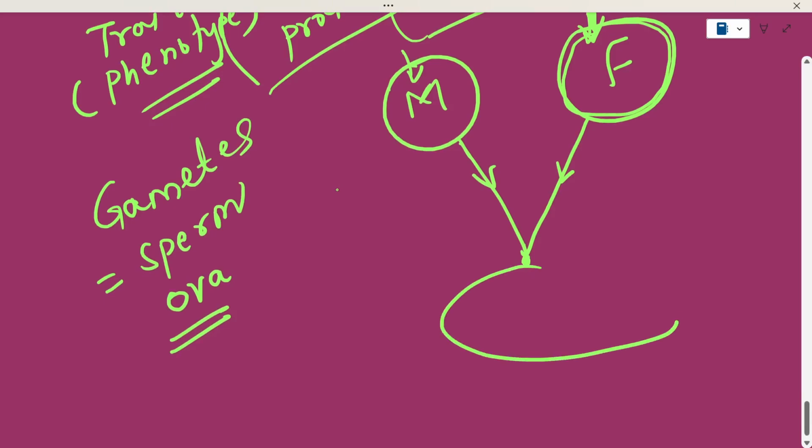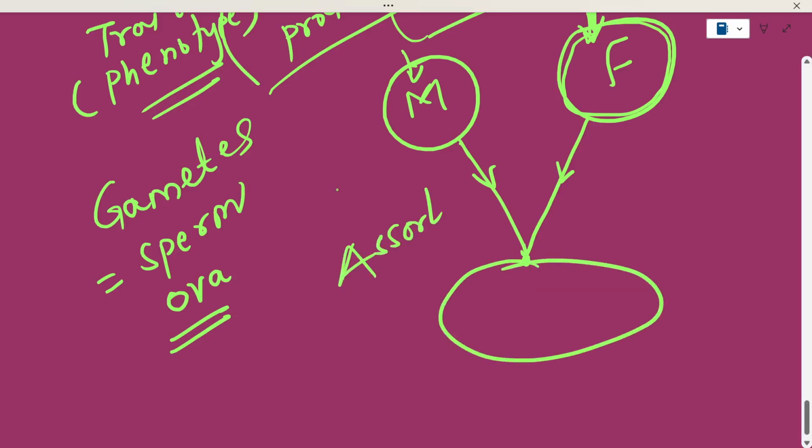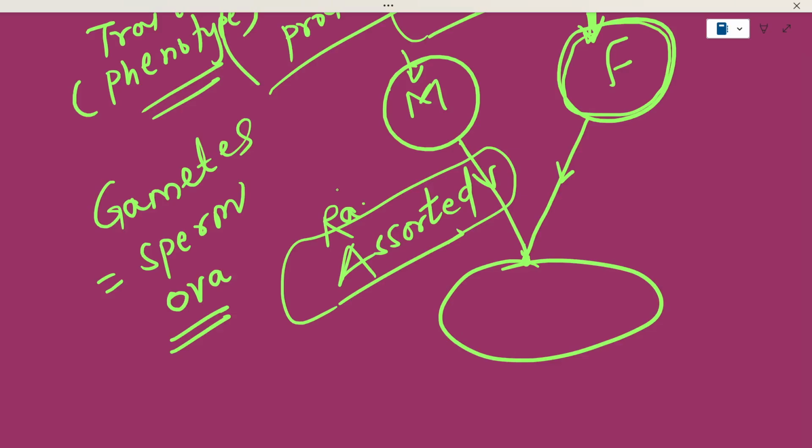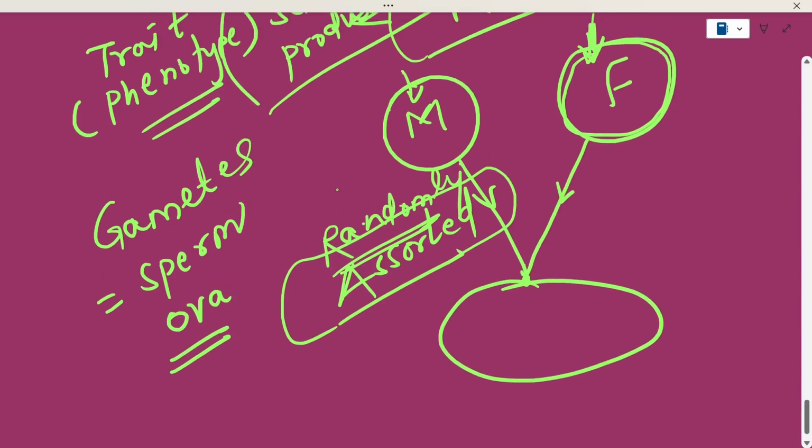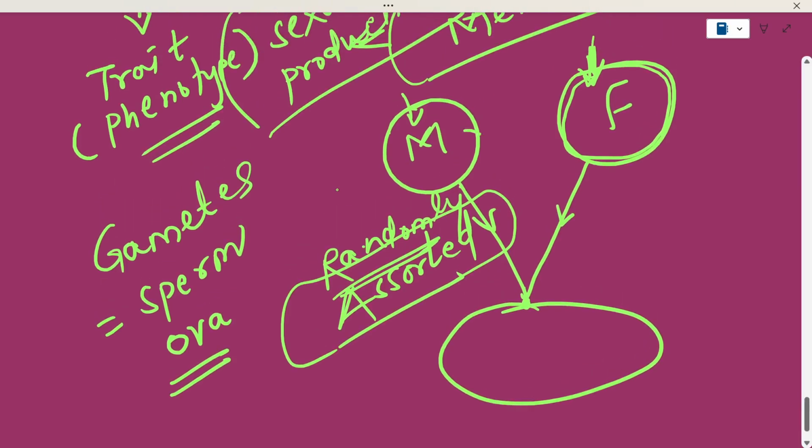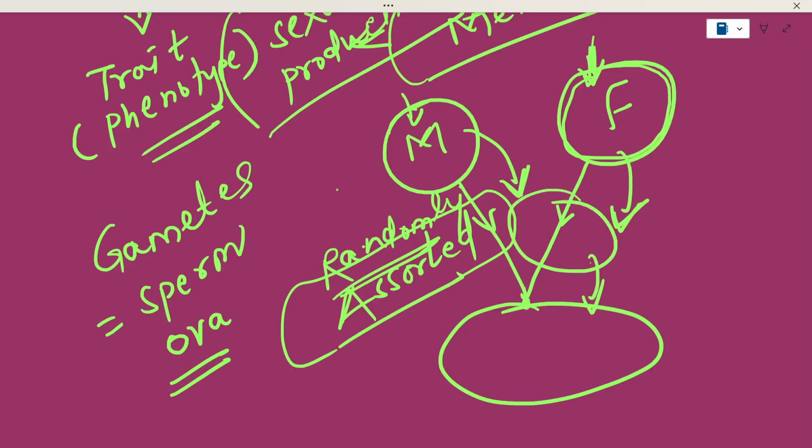So here the Mendelian law applies, especially during meiosis: the traits are randomly assorted, which means meiosis takes one copy from each of the parents, and that copy will be randomly assorted and randomly inherited, and that will be the best version possible for the survival of the organism.